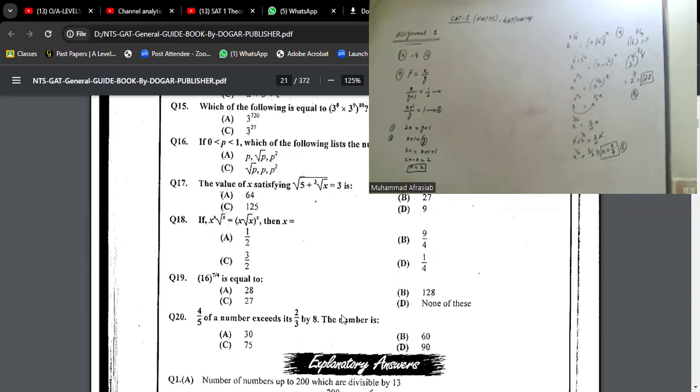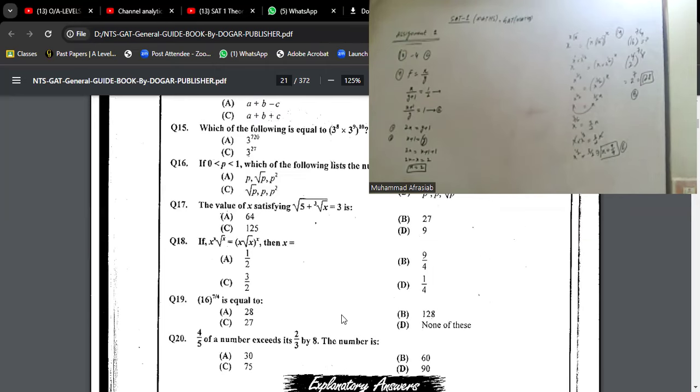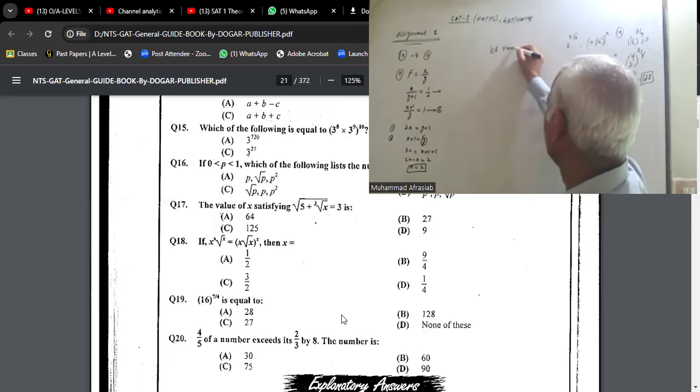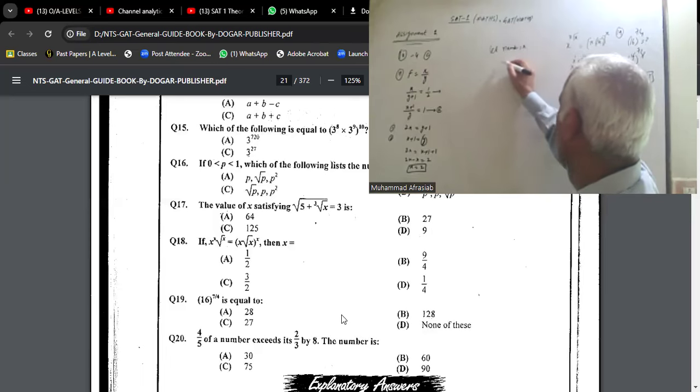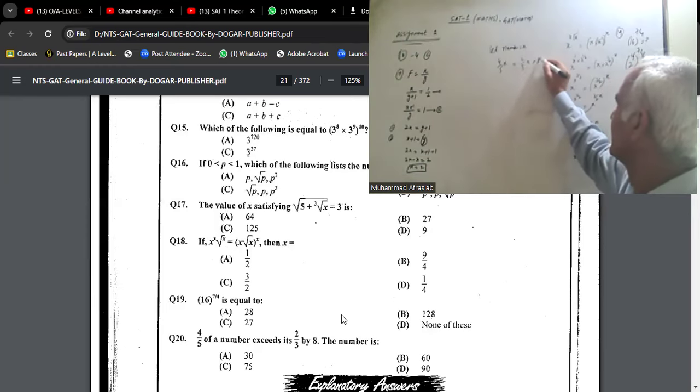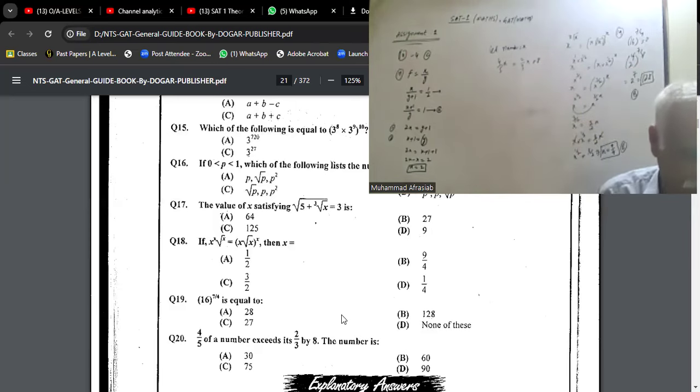Since it is a word problem, let the number be x. 4 over 5 of x. Exceeds means more. 2 by 3 of x plus 8, because it is exceeding by 8.